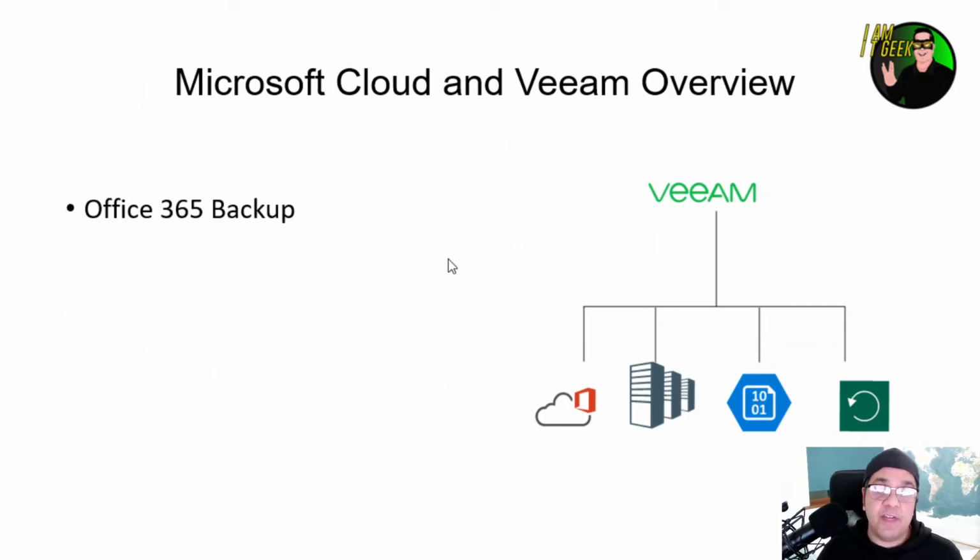So you've got Office 365 backup. Microsoft 365 provides a powerful service within Office 365, but a comprehensive backup of your Office 365 resources and data is not one of them.